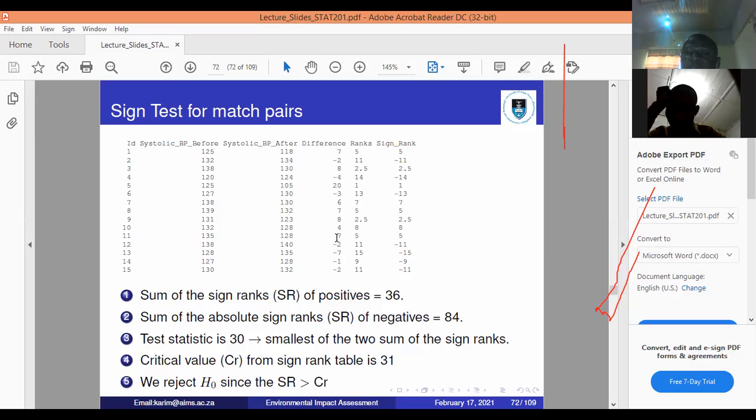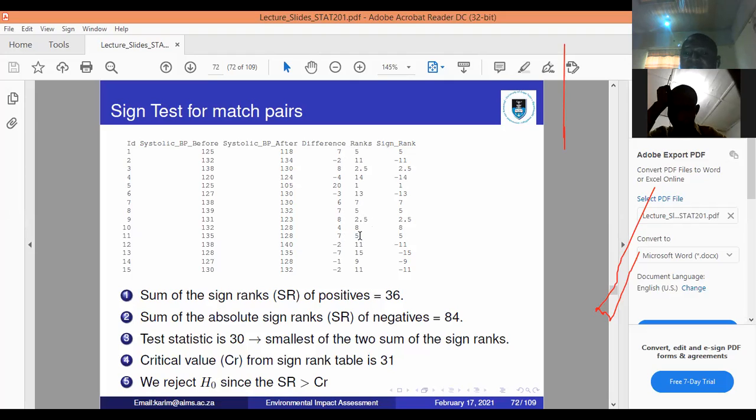Because we have shared positions 2 and 3, we are going to add positions 4, 5, and 6 and divide by 3. If you add positions 4, 5, and 6, we'll get 15, and then we divide 15 by 3, we'll get 5. So that means 7 will take 5. This 7 will also take 5, and this 7 will also take 5.